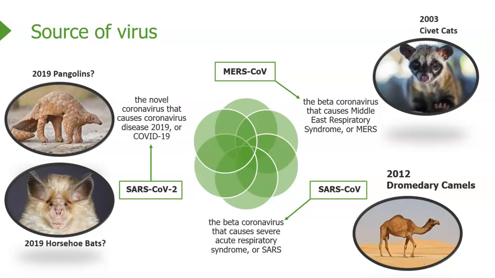Now, the exact transmission, I want to be very clear with you, is not identified for sure. This is what they're considering. They do know the place in Wuhan, China, where this originated, but they don't know exactly how. But I want to go back to that name, SARS-CoV-2.